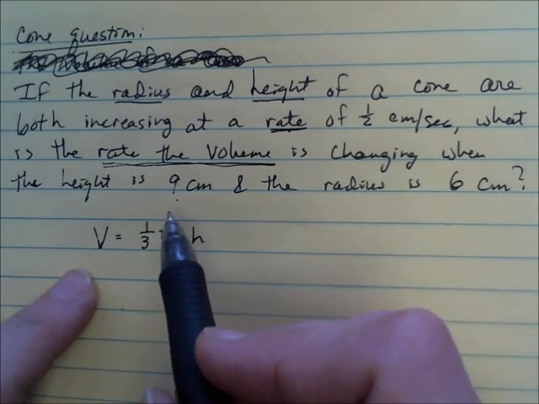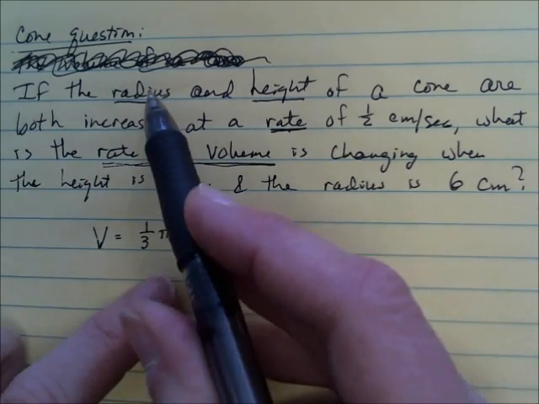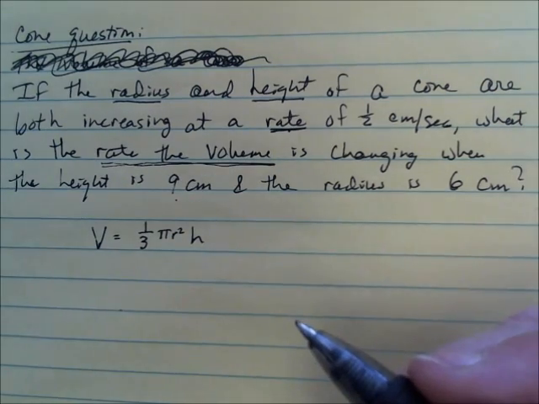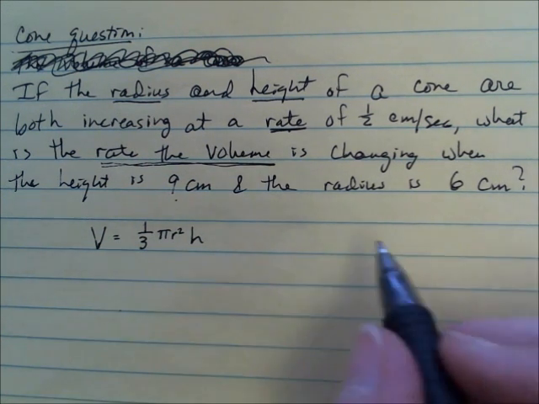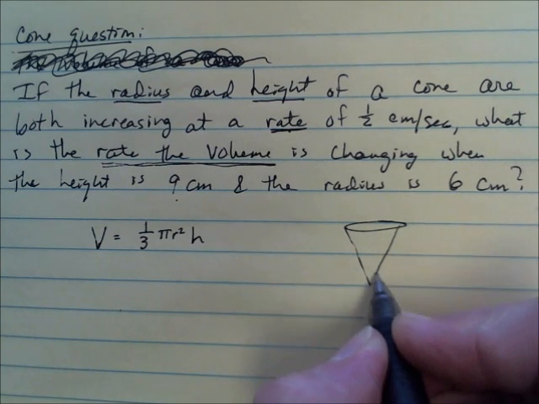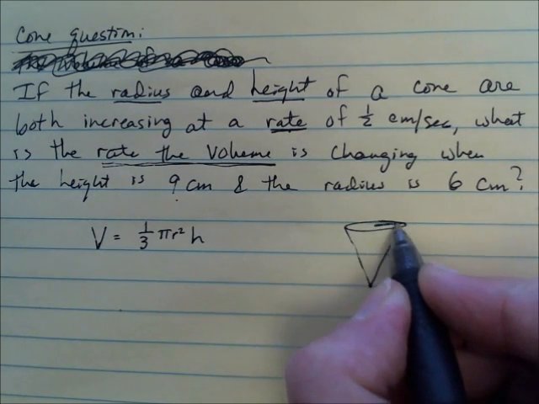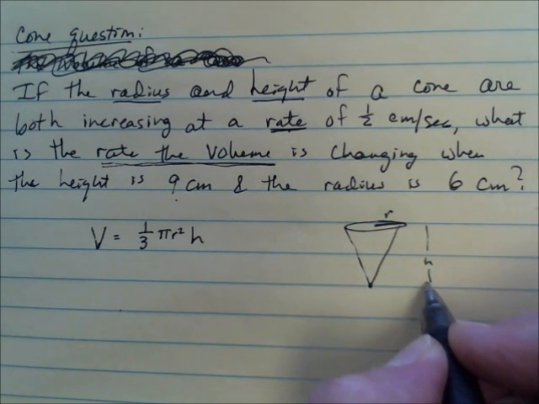And so I think we've taken care of all of the variables in this particular problem. We've got volume, we've got radius, and we've got height. And so now what we need to do is, well, we should probably draw a picture of a cone. And there's the radius of the cone, r, and the height is h.